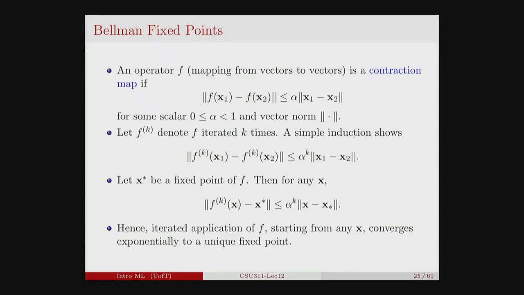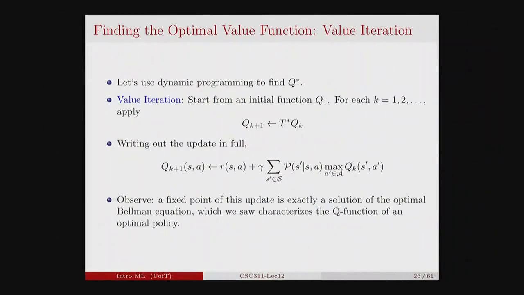And remember, in the case of value iteration, those two points are going to be these giant matrices Q. So what it's saying is that just repeatedly applying the optimal Bellman operator again and again to these matrices is going to converge to one solution, which is going to be the optimal Q star matrix. And that's what enables you to find the Q star matrix, and this algorithm is called value iteration.